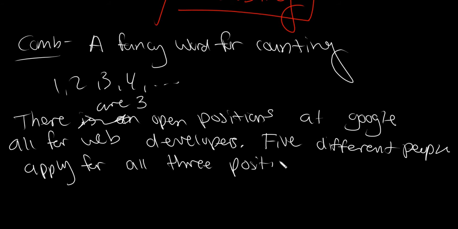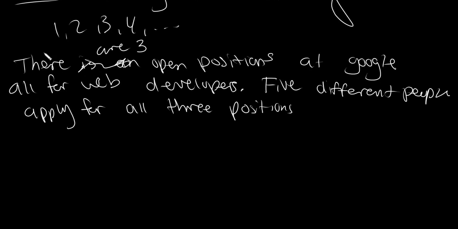So in essence, it doesn't matter which order you hire them. So let me make this clear over here. So let's say we have 5 people over here. I'll label them 1, 2, 3, 4, 5.